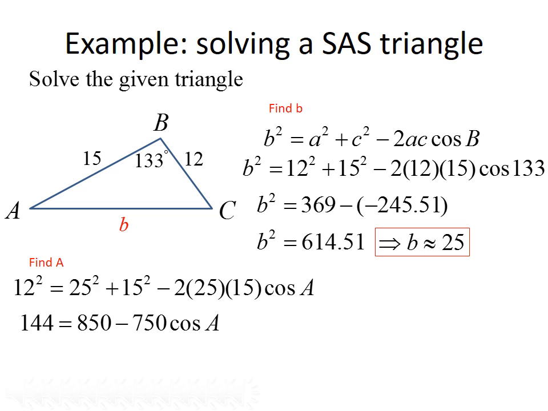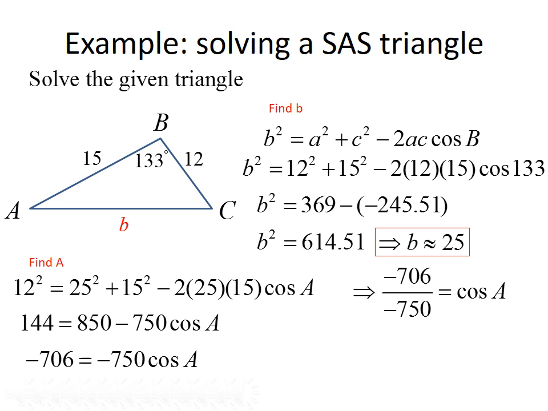If we simplify a little bit, 12 squared is 144. 25 squared plus 15 squared will give us 850. And 2 times 25 times 15 gives us 750. So we get 144 equals 850 minus 750 cosine of A. If we subtract 850 from both sides of the equation, we'll get negative 706 equals negative 750 cosine of A. To get the cosine of A by itself, we'll divide both sides by negative 750.